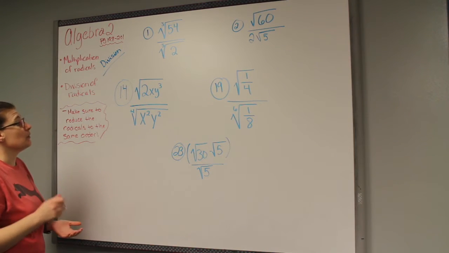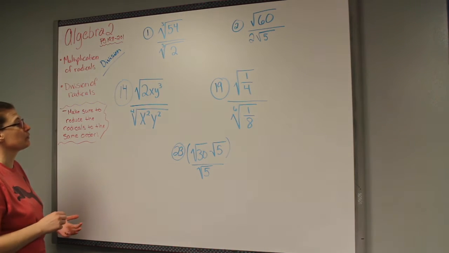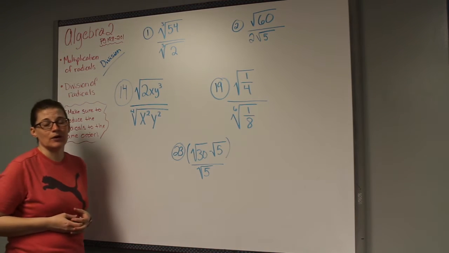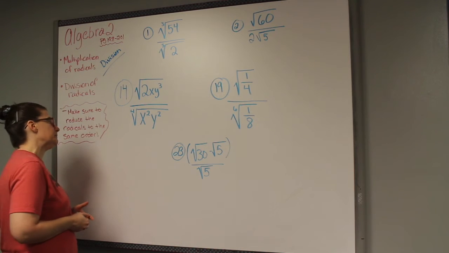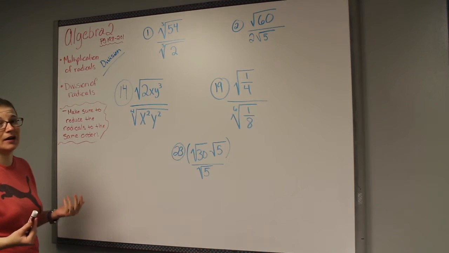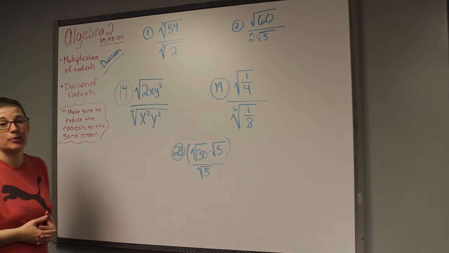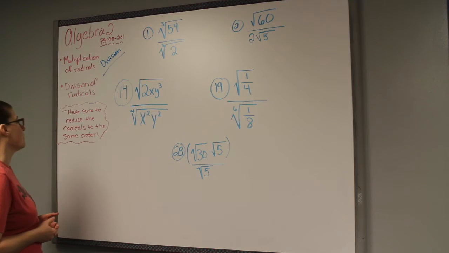If you are in my Algebra 2 class, division of roots and radicals, this is on page 202.01, I believe. It was the second lesson in your work packet. And if you're not, but you're doing some kind of radicals or need to learn how to put them in the same index or order, go ahead and follow along.